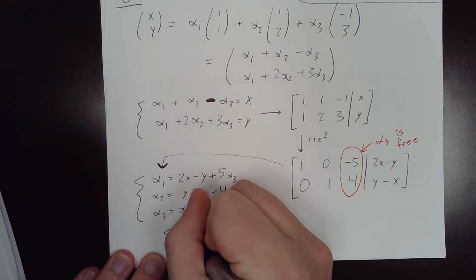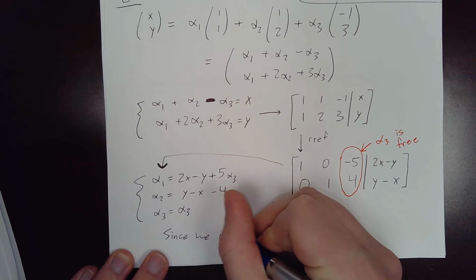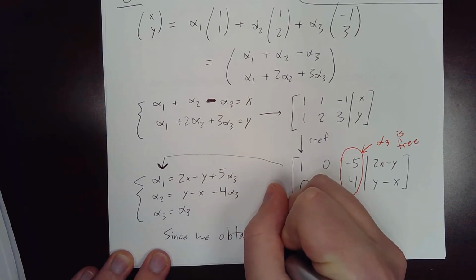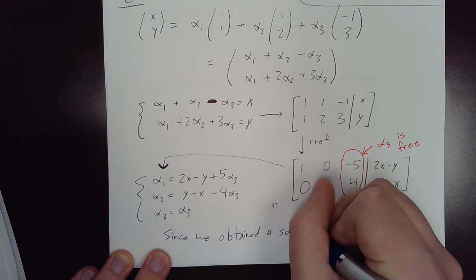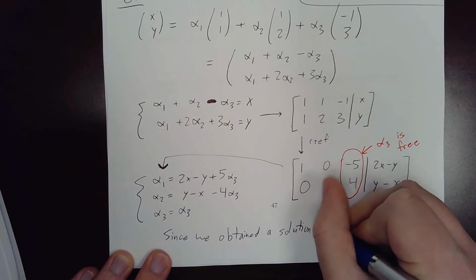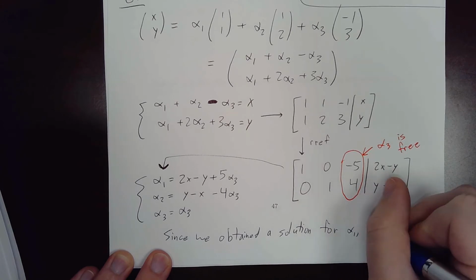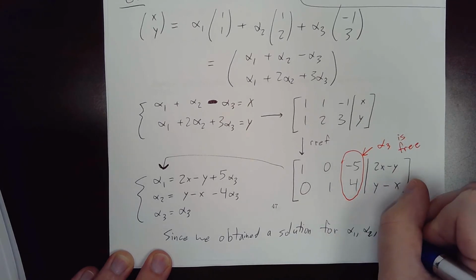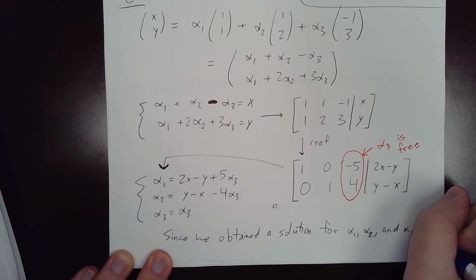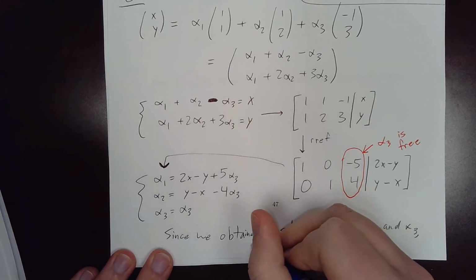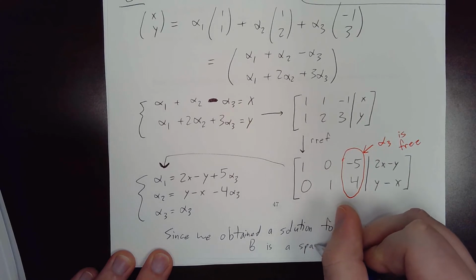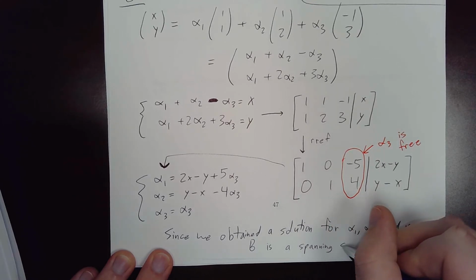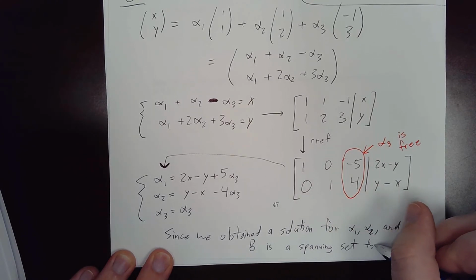Since we obtained a solution for alpha 1, alpha 2, and alpha 3, B is a spanning set for P1.